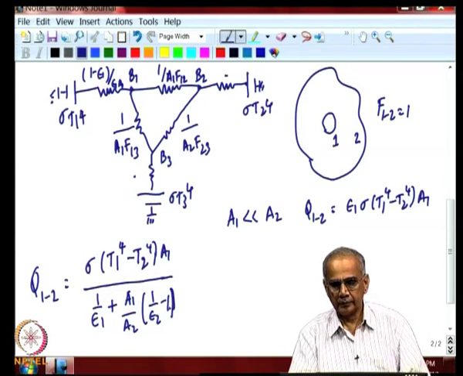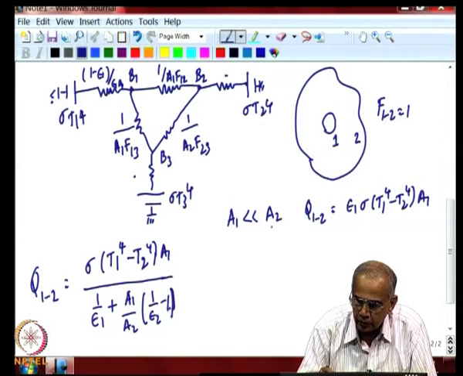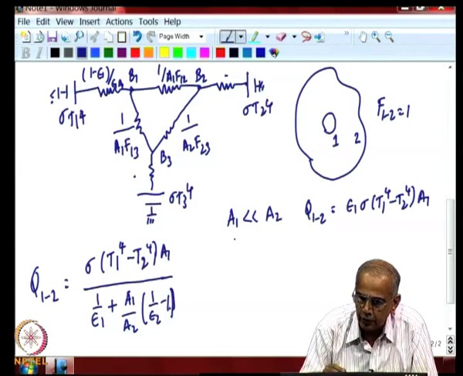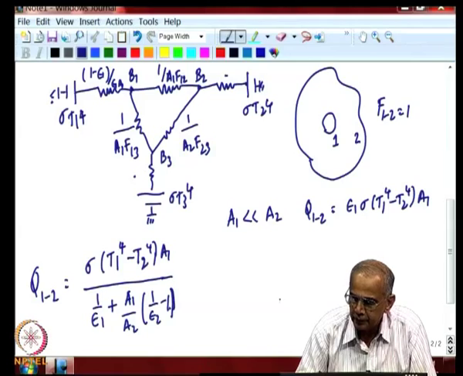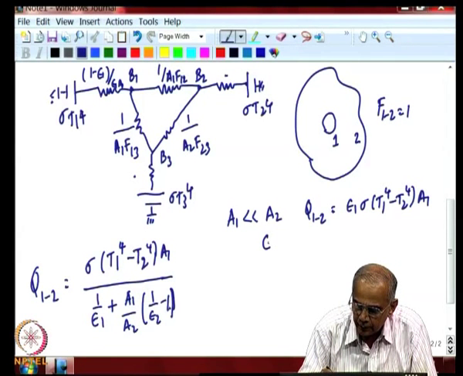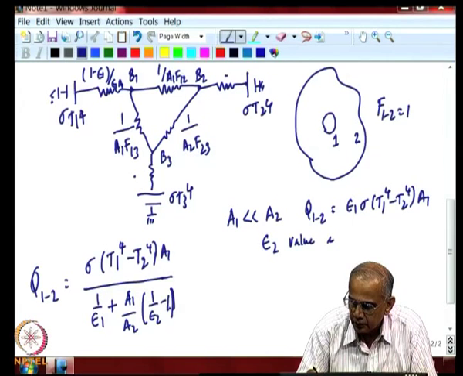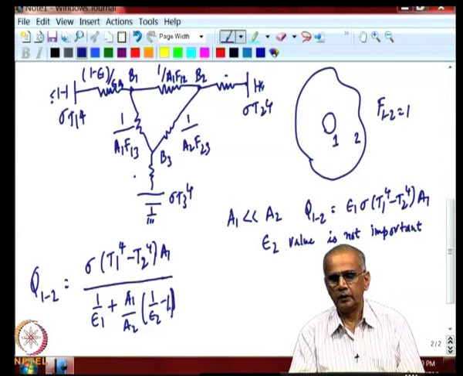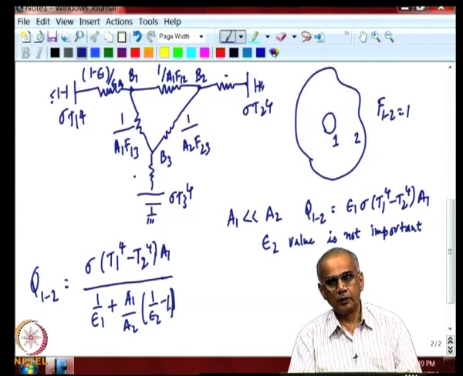Now, what it means is that if the room area is much larger than the area of the pipe here, then epsilon 2 value is not important. Whatever the value of epsilon 2, the heat transfer rate will not change. Now, why is that?